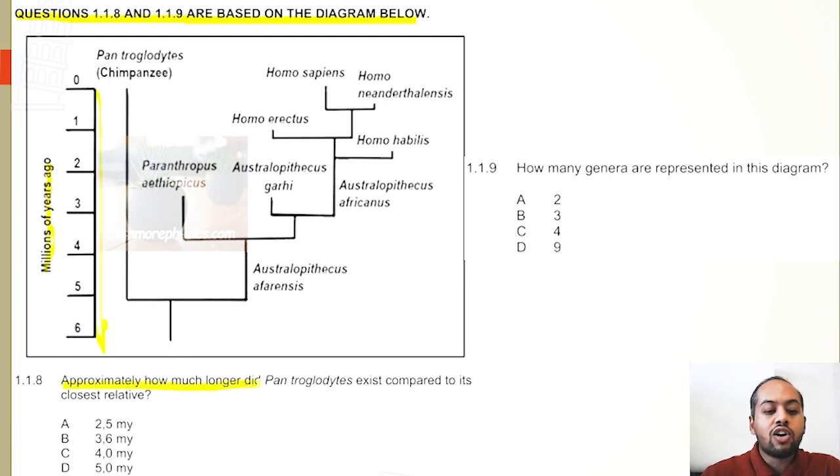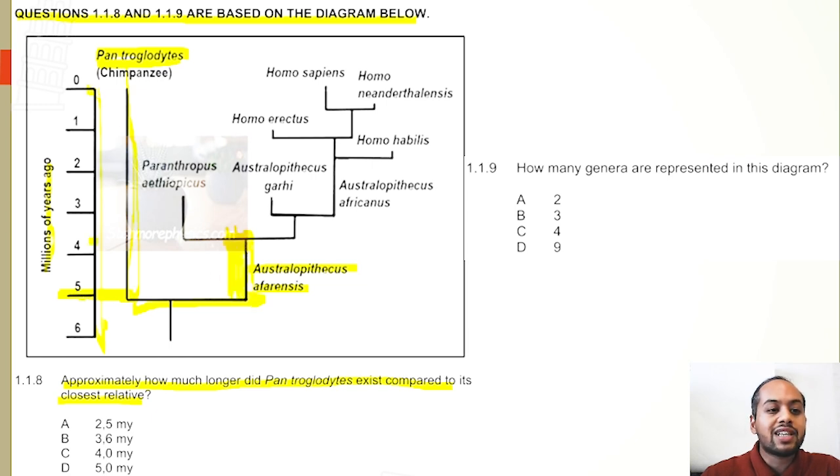Approximately how much longer did Pan troglodytes exist compared to its closest relative? So we locate Pan troglodytes. How much longer did it exist compared to its closest relative? And here we have its closest relative, Australopithecus afarensis. If we look at this chimpanzee here, it is located until 5 million years ago.